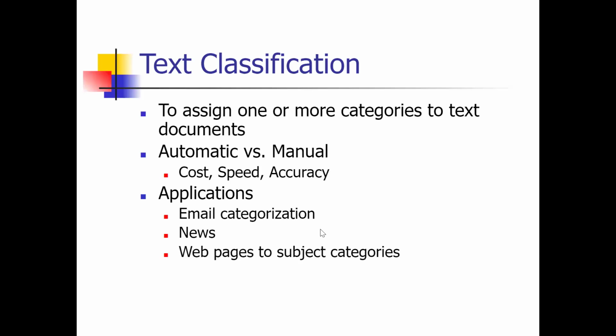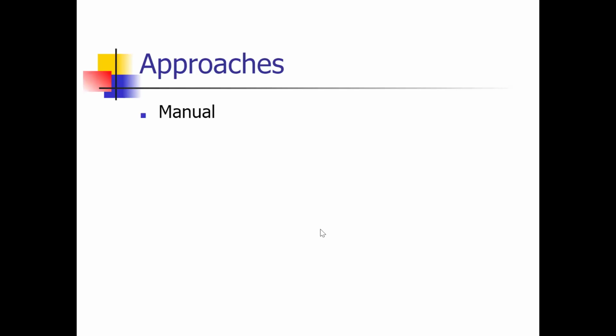Web pages into subject categories in some places. We can have a list of web pages, and we put them into various categories. Then research papers, especially for those who work in research, this is very helpful. When you're given a set of papers, to be able to classify them into various subject categories.